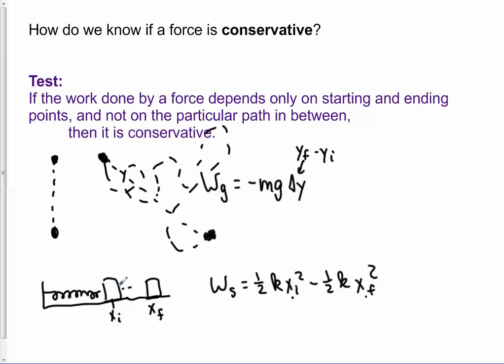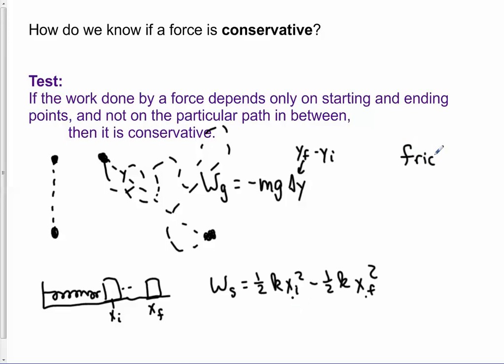It doesn't matter what path it takes. It doesn't matter if we just pull it straight back, or if we pull it back a little, push it in, pull it way out to here, and then bring it to x_f finally. The overall net work done by the spring force will still be the same. So the path doesn't matter.